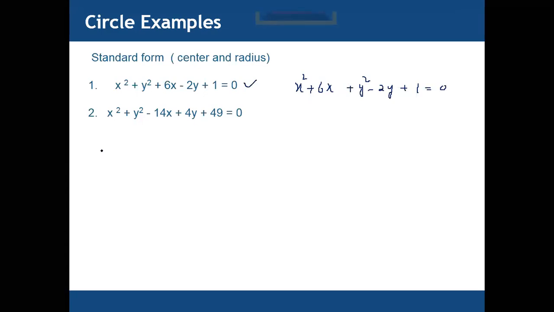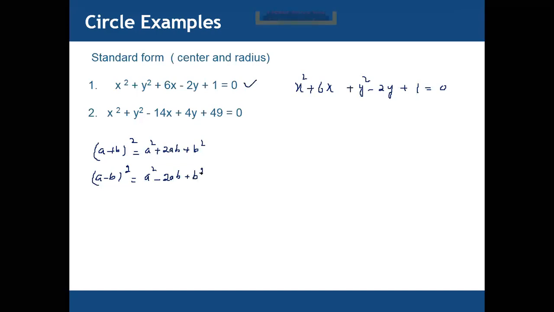We use the formulas a plus b whole square and a minus b whole square. A plus b whole square equal to a square plus 2ab plus b square. A minus b whole square is a square minus 2ab plus b square.